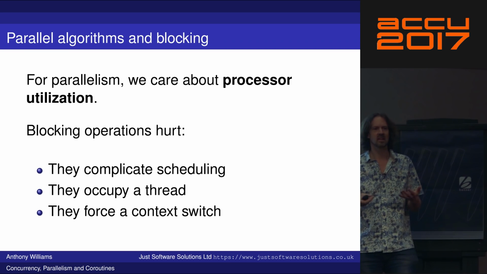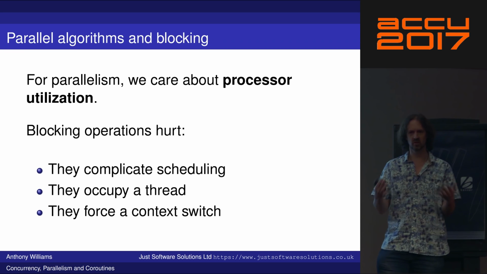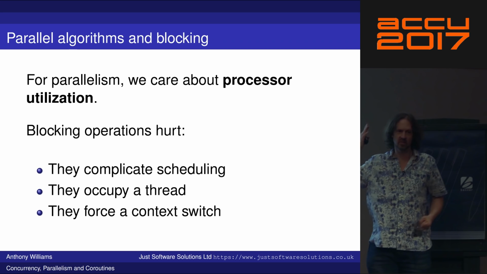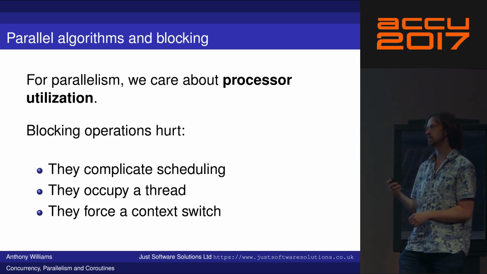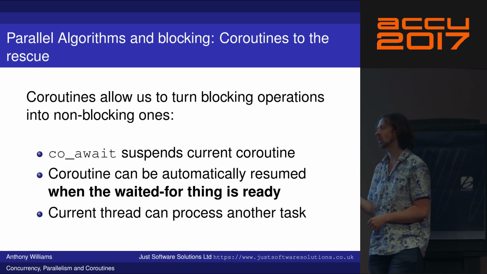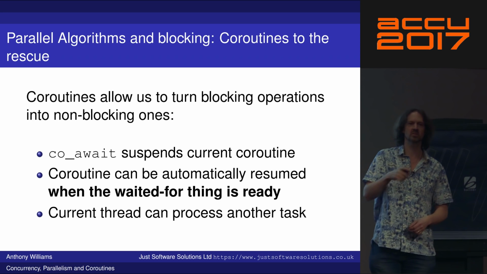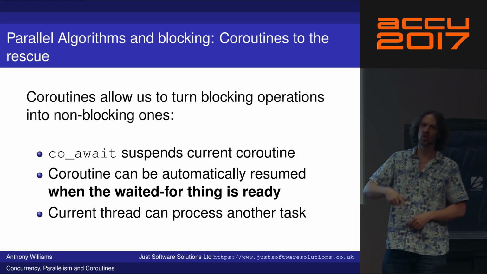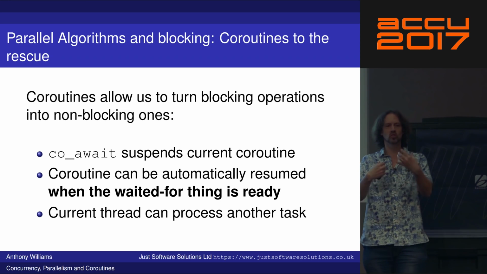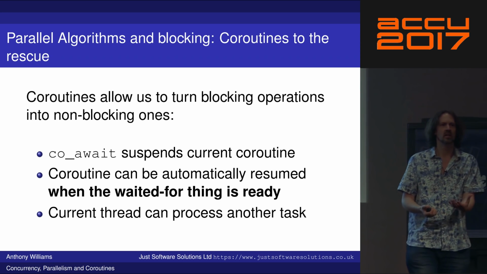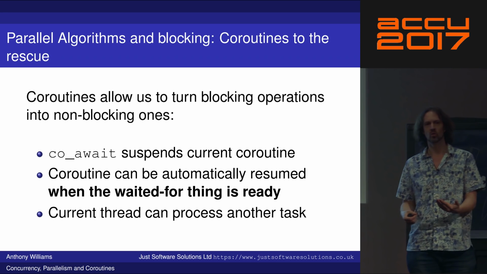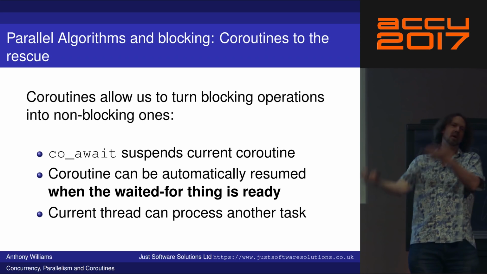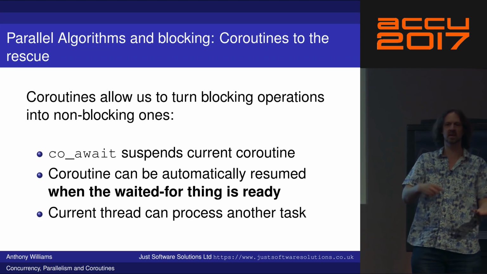So ideally, you don't want blocking threads if you're doing parallelism. Sometimes you can't avoid it, but we're trying to avoid it if we can. And coroutines provide us a means of not blocking, because when the operation would block, when we call co_await, then rather than blocking, we suspend, and we pass the return out to the caller and say, we suspended.